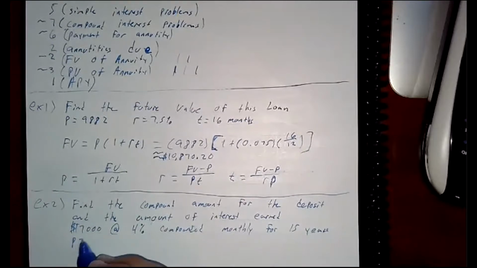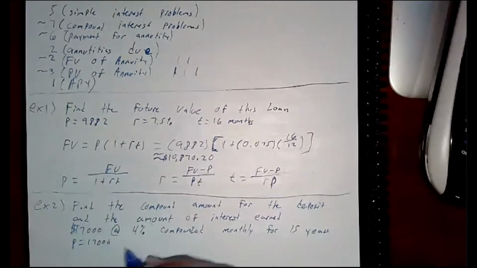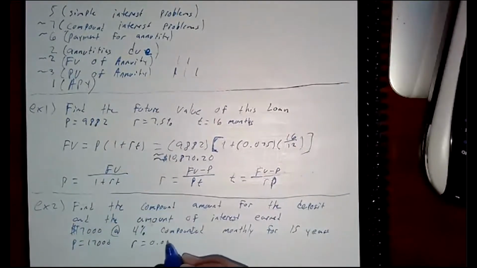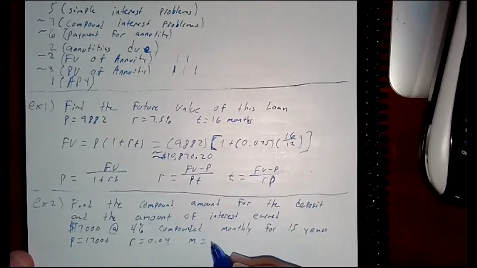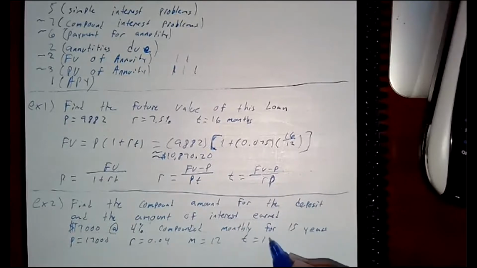So P is 17,000, R is 0.04, M is 12, it's 12 months in a year, and T is 15.